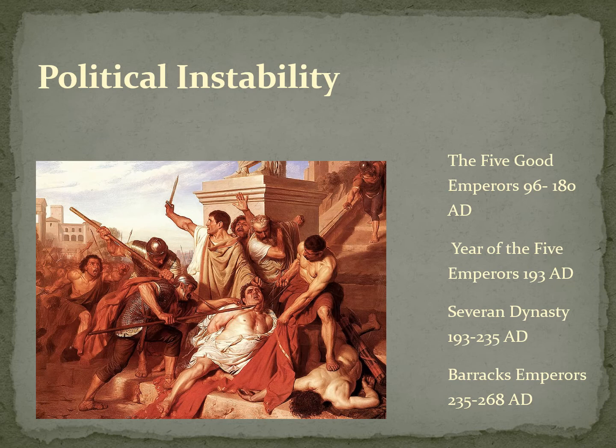All the rest were either killed in battle or assassinated. So a very turbulent time, and as you can imagine, each time one of these new guys comes, they've got to pay off their soldiers. There's all sorts of armies fighting across the countryside. Rome was pretty chaotic, disorganized, and frequently in civil strife during this period.